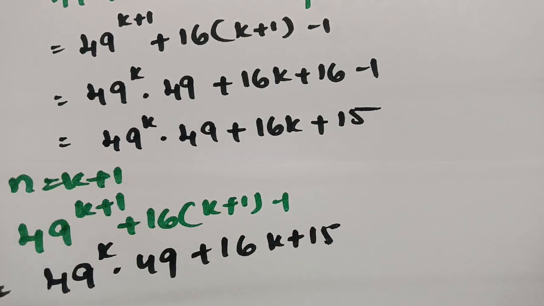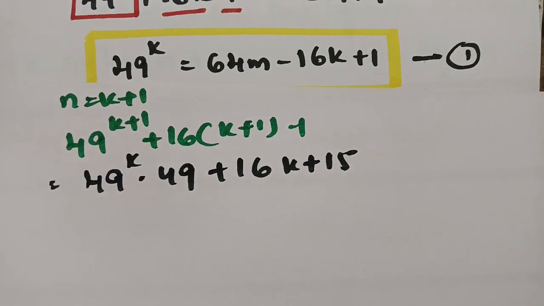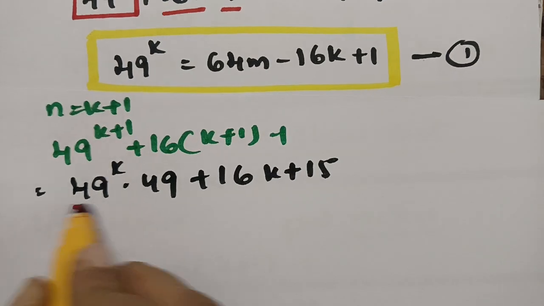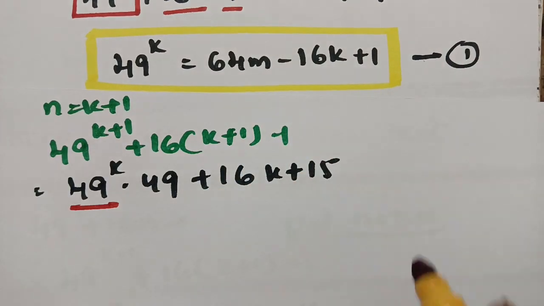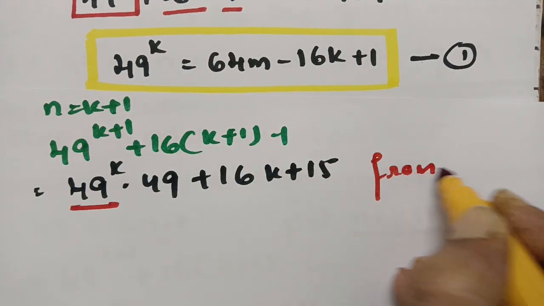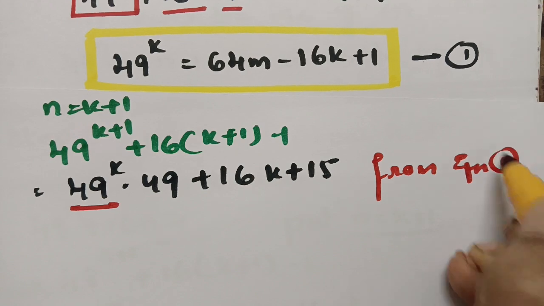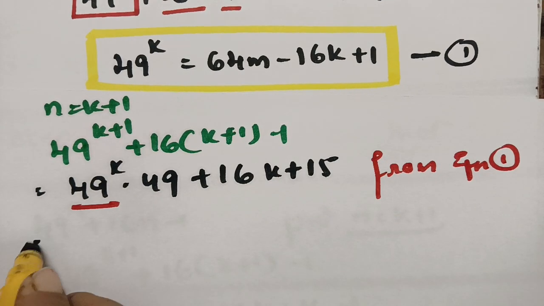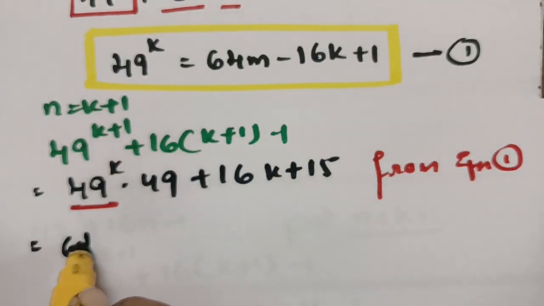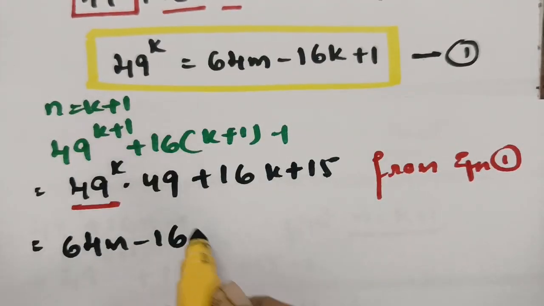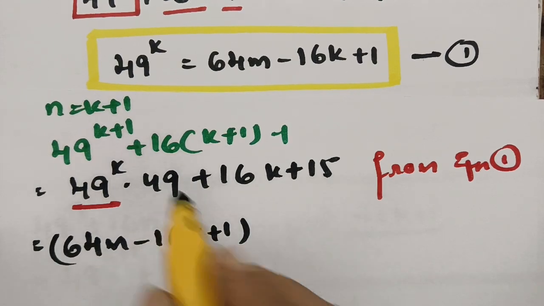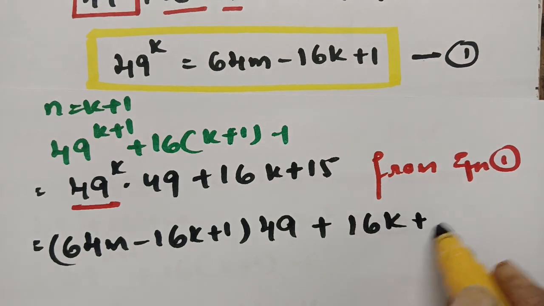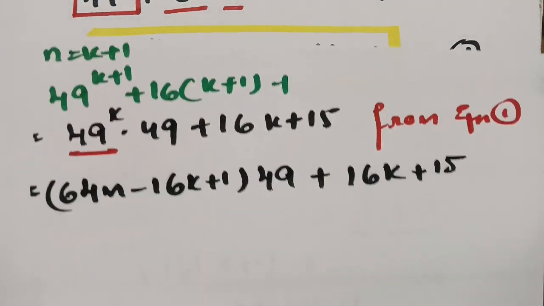Now see, what is this 49^k here? In place of this 49^k, I am writing the whole statement from equation 1. So 49^k can be written as (64m minus 16k plus 1) into 49 plus 16k plus 15.